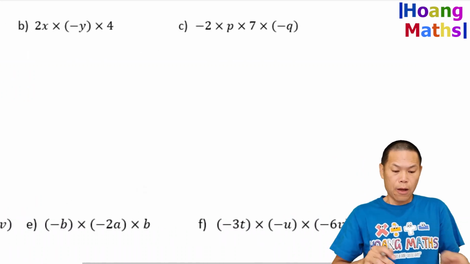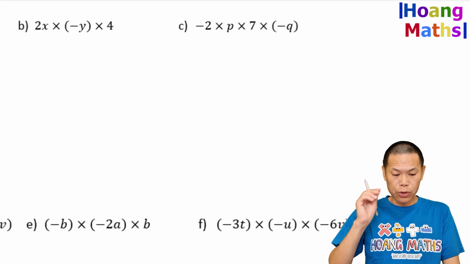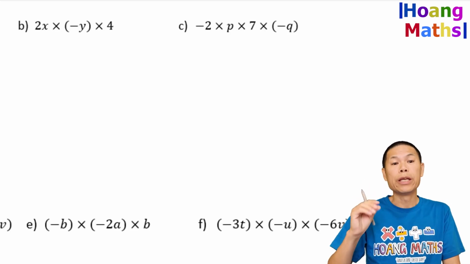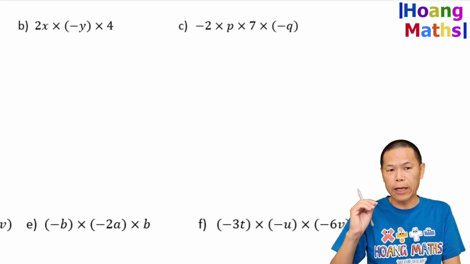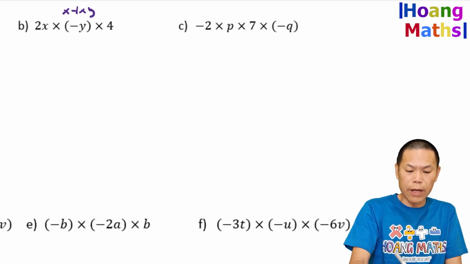So the answer is 5xy. Part B. So we have one negative number only, so that will give us a negative answer. And we go 2 times 4, gives me 8, so negative 8. Otherwise, this means times negative 1 times y, if you wish.